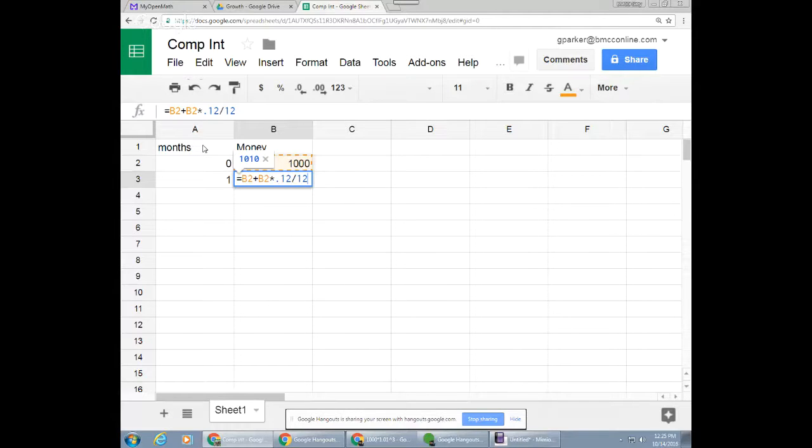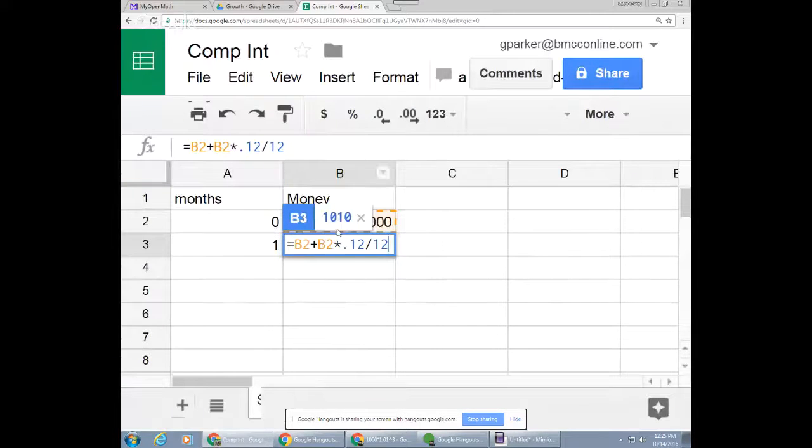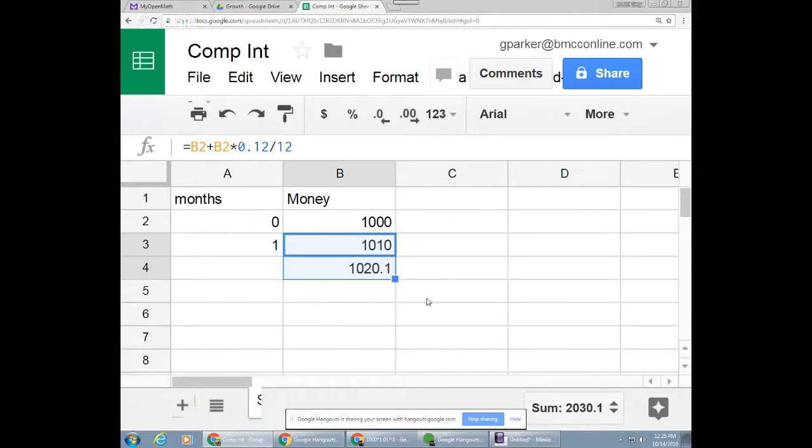And since I'm just referring back to my previous amount here with cell references, let's blow that up a touch. I should be able to fill that down. So I'm going to try. Oh, that worked. Yeah, it looks like it's working.